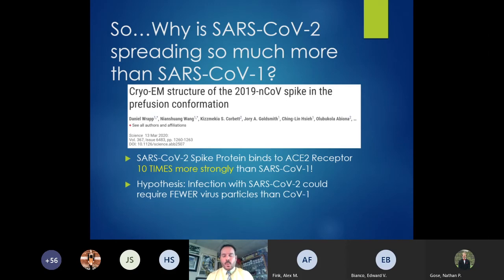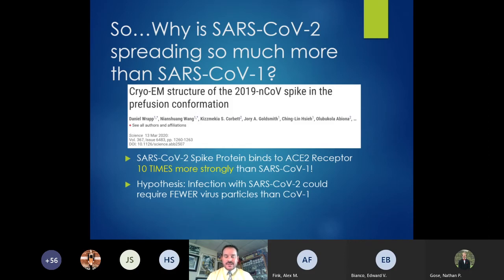So one of the questions is this, of course. The original SARS, we had 8,000 people worldwide, 800 deaths. Right now with SARS-CoV-2, confirmed cases, we are at about 500,000. Why the huge difference? Why is this virus spreading so much more than SARS-CoV-1?